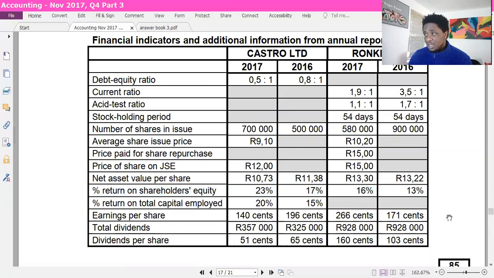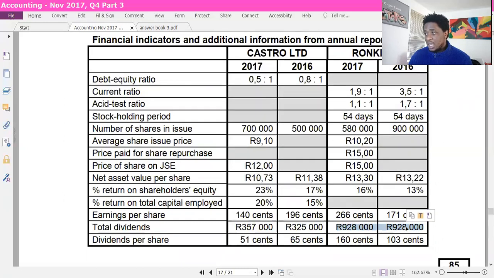And then the other thing that you want to say is the earnings per share. His shares were earning 171 cents per share in the previous year, but now they are earning 266 cents per share. And then the other thing, the total dividends remained the same in both years, but in the other year, he owned 33% of the company, and now he owns 50% of the company.